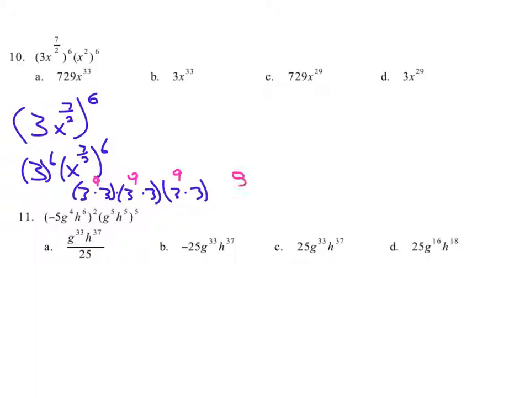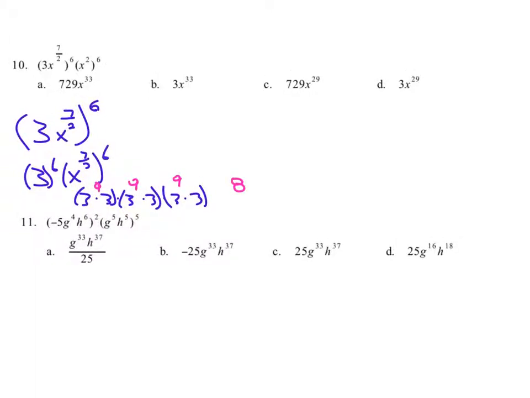So 9 times 9 is 81, so we've got 81 times 9, or 729. So that's what we were going to get as the coefficient on that, 729. Okay, and so that's what we get for the coefficient, the number.